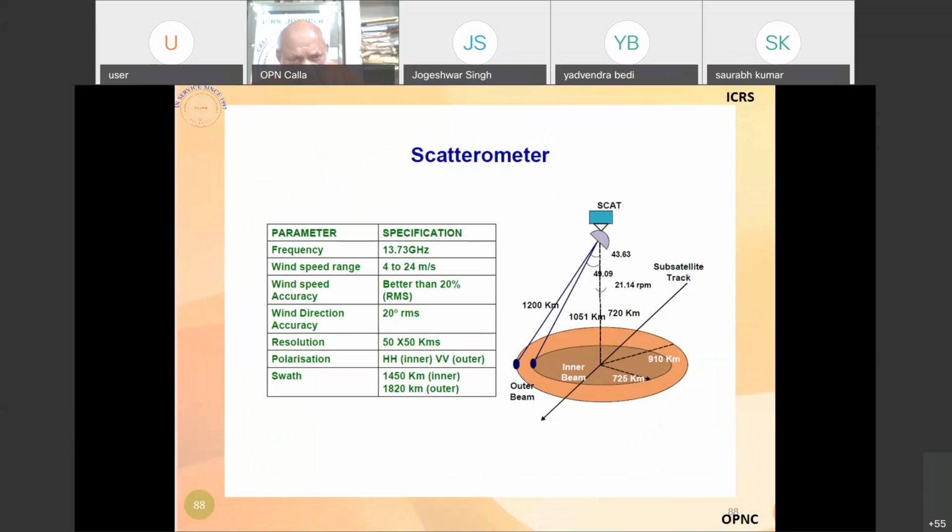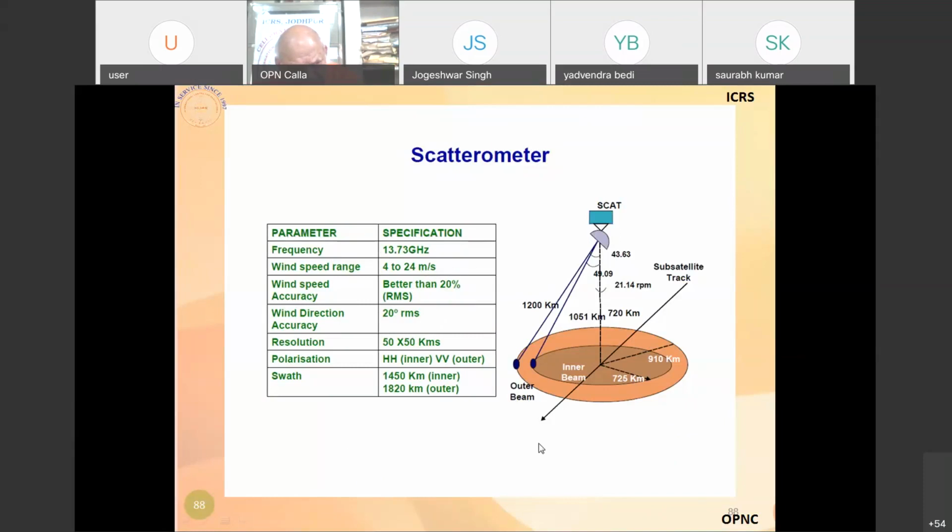Then the scatterometer. Here, as I mentioned already, you get wind speed from 4 meters per second to 24 meters per second. Frequency is 13.73 gigahertz. And wind speed accuracy is better than 50% RMS, and wind direction also has 20 degrees accuracy.